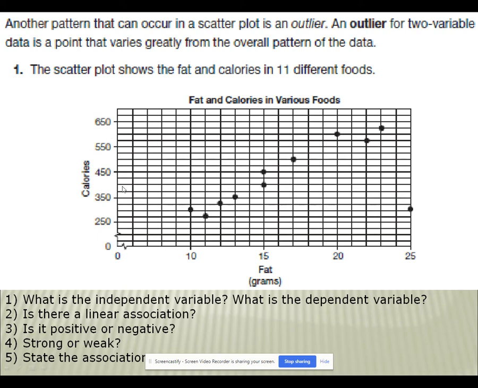So for this question, as the fat increases, the calories is doing what? It's going up, it's positive, so the calories increase. So as the fat increases, the calories increase. So that's what the association is. Now, if the dots were going down, you would say as the fat increases, the calories decrease.